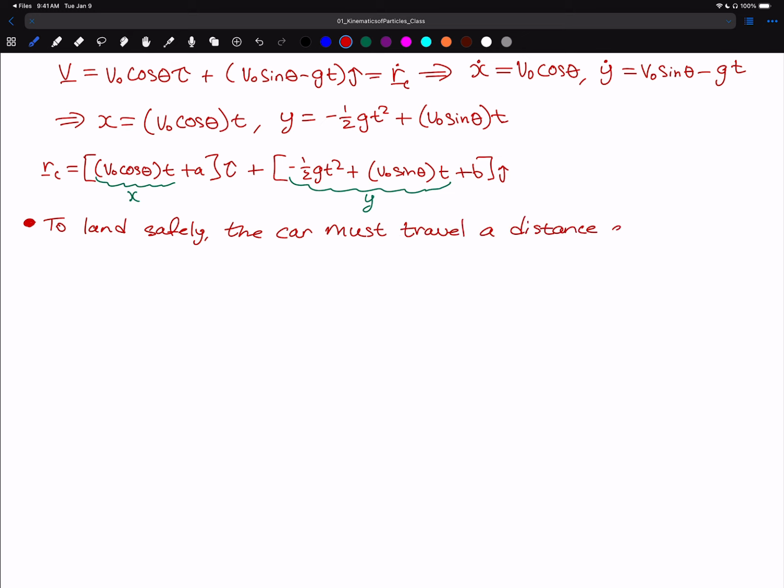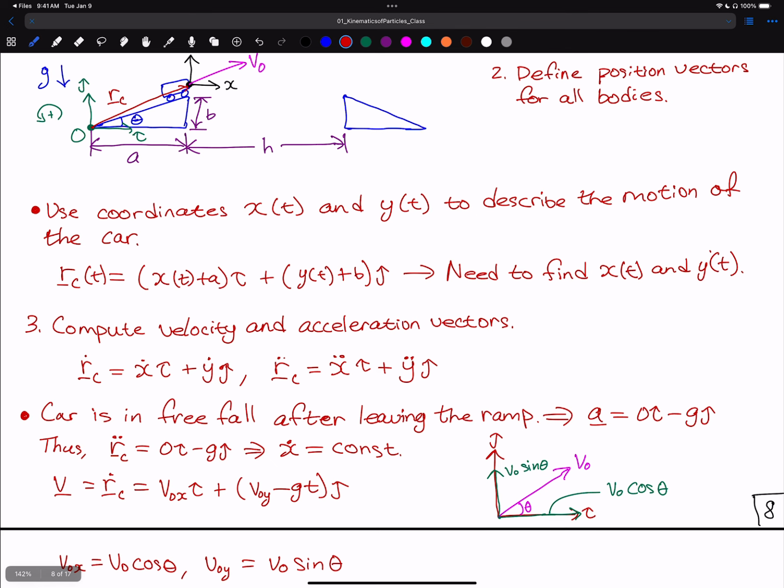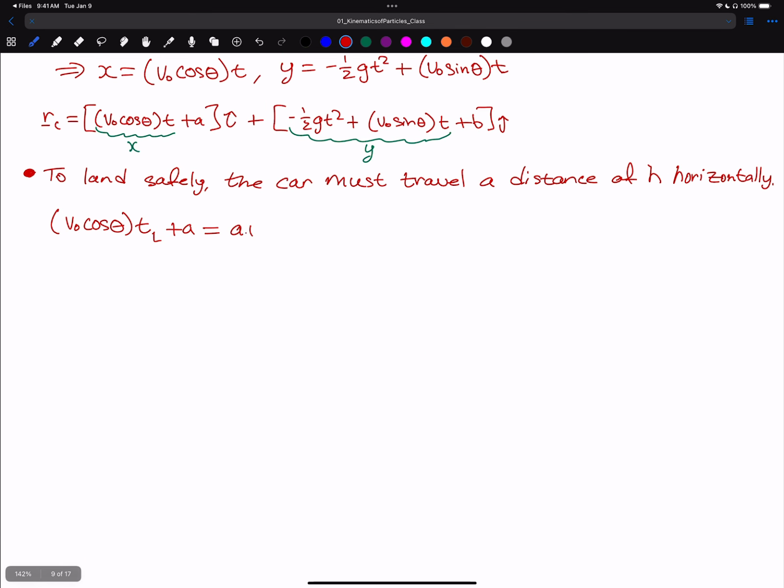Okay, so what that tells us then is that the i component of the position vector must be equal to h at the time of landing. So we'll get that v0 times the cosine of theta times t sub l, that is the time that we land, plus a, must be equal to the total distance traveled from the origin, a plus h.